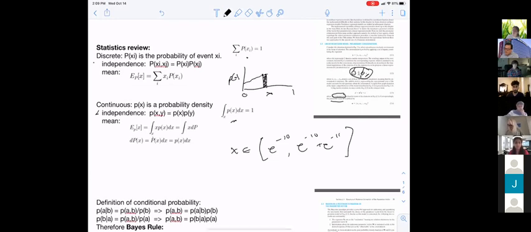The probability that x lives between this point and that point is the area under this curve. So the probability that x lies in some region a to b is the integral from a to b of the probability of x dx. These are just the definitions, and that's how we deal with continuous probability densities.